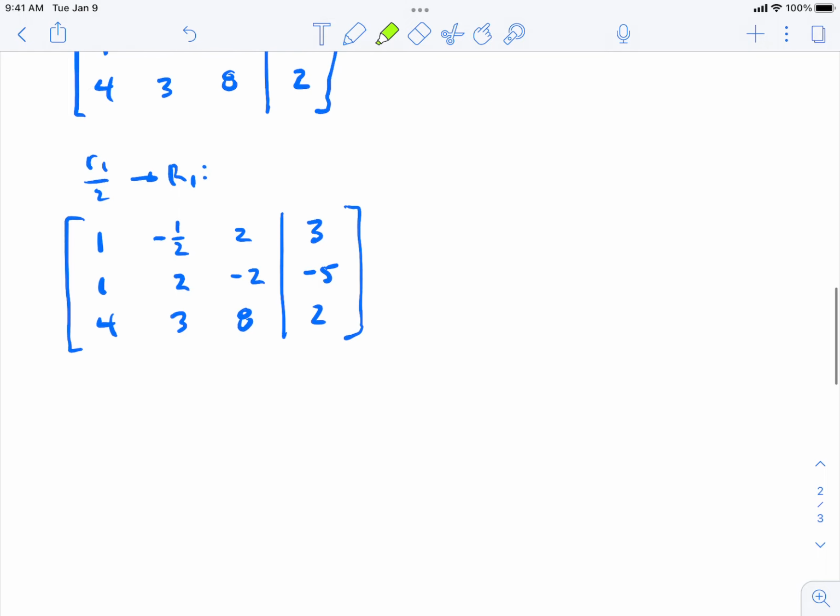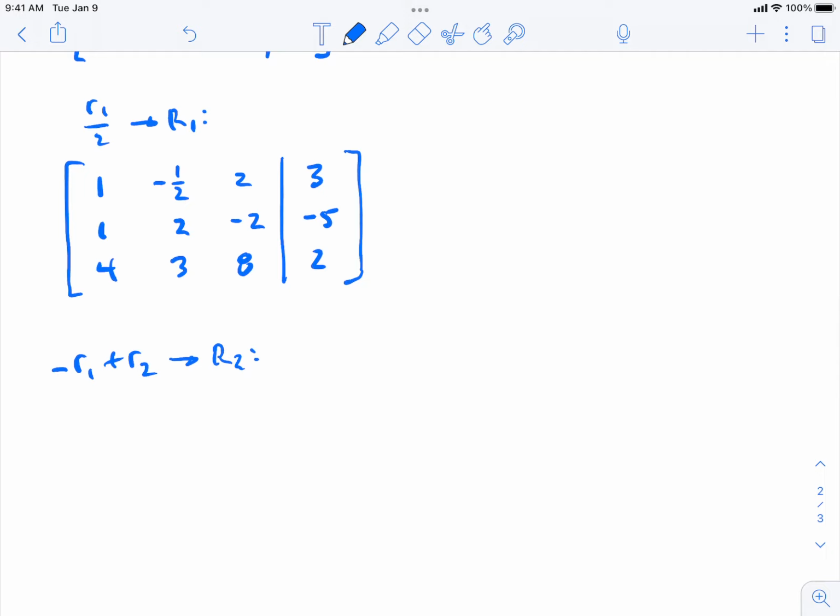You get zeros by adding equations together. So it looks like if we take negative 1 times row 1 and add row 2, that'll give us a nice row 2, right? Just multiply this whole row by negative 1, and then add row 2. Row 1 is not going to change. I'm overwriting row 2, so I can just copy row 1 in. But now carefully, negative 1 times this plus this gives me a 0.